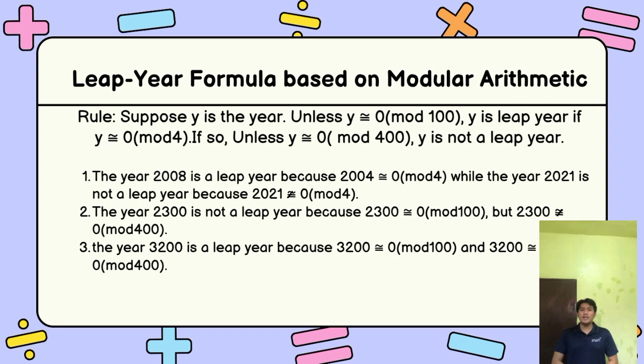The rule is, suppose y is the year: y is a leap year if y is congruent to 0 modulo 4, unless y is congruent to 0 modulo 100, and in that case y is not a leap year unless y is congruent to 0 modulo 400.